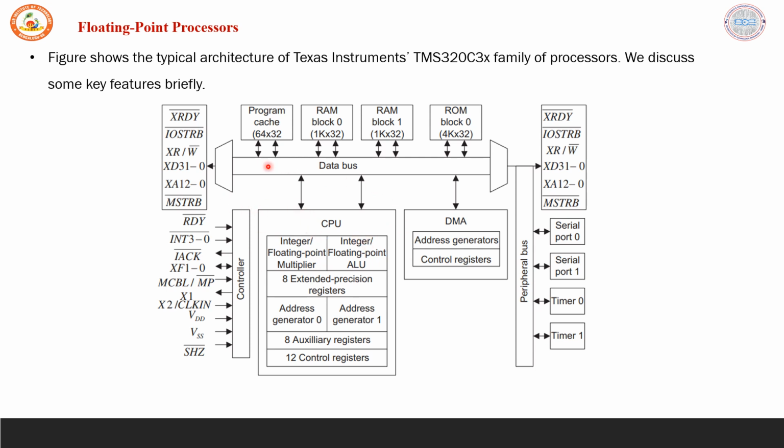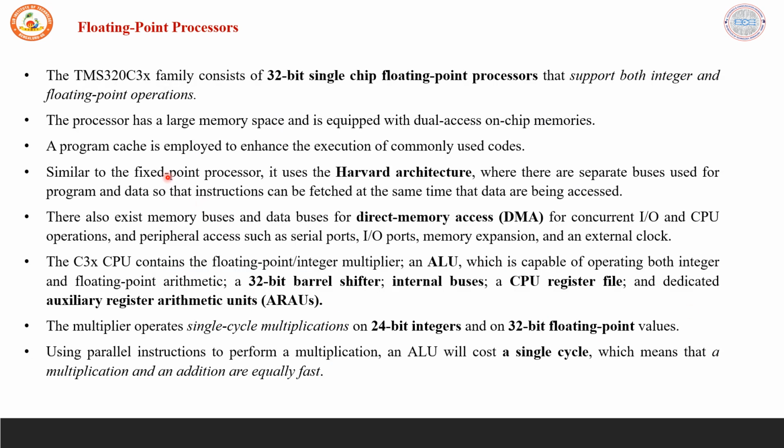As you can note, we have data bus, we have CPU, we have direct memory access, we have serial ports, we have timers, we have the different types of memories, and we have different types of ports along with their interfaces.